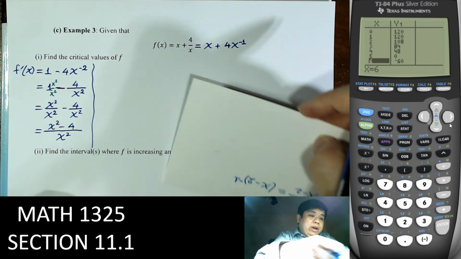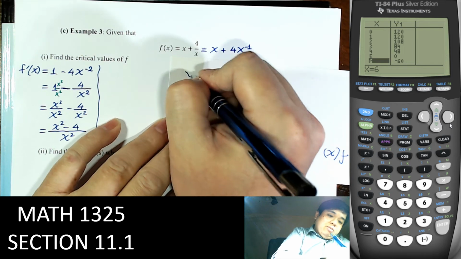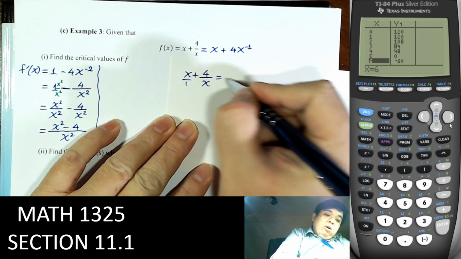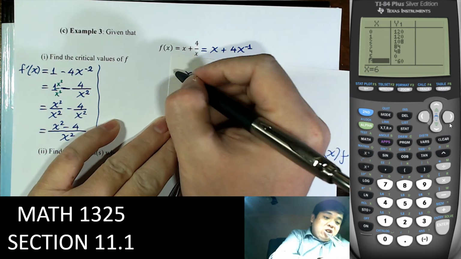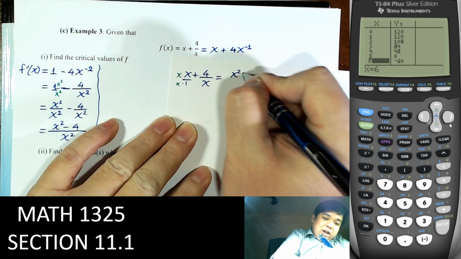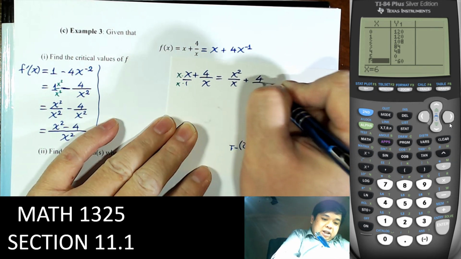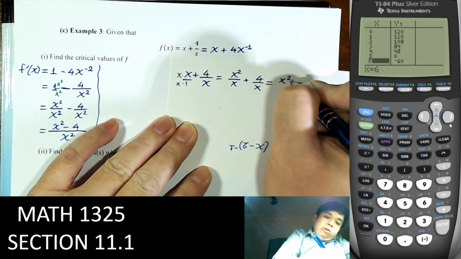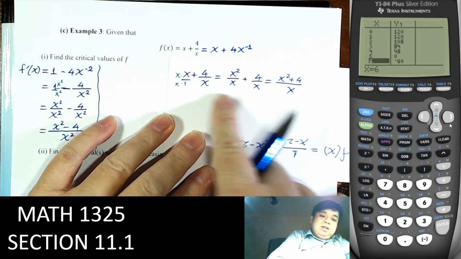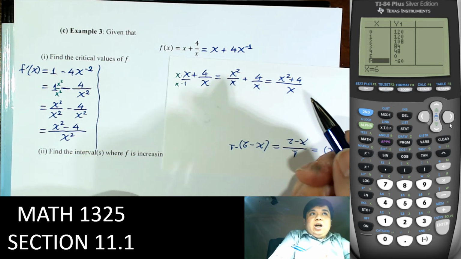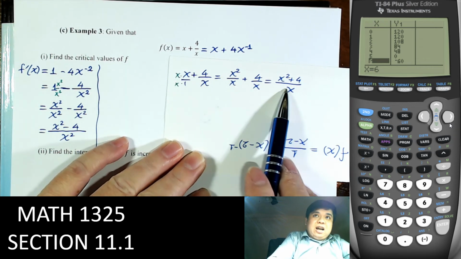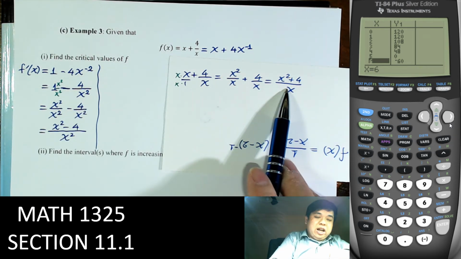Alternatively, actually this is what I would prefer: write this as one big fraction first. So that gives us x squared over x plus 4 over x. So x squared plus 4 over x. Now we rewrite the function as this. Then we use the quotient rule to find the derivative.